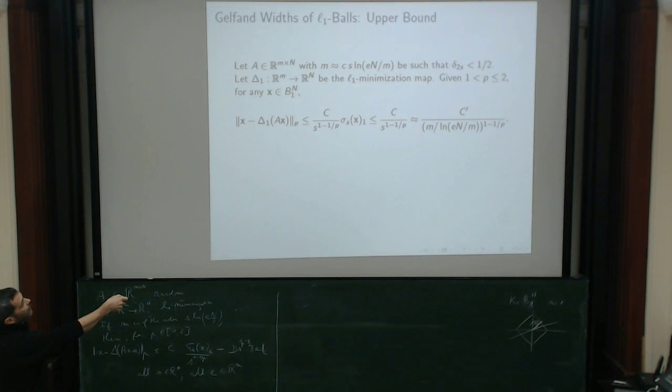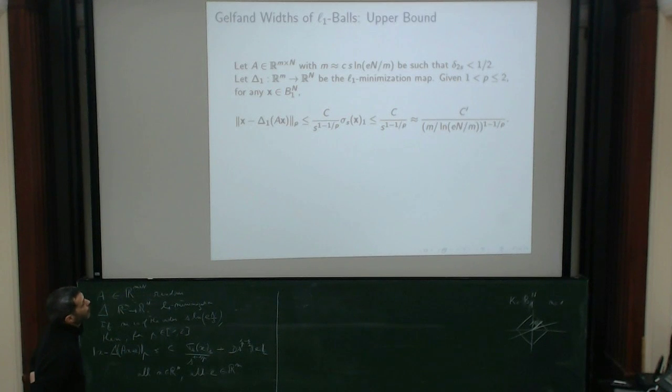So this distance here is certainly less than the norm of x, because if I approximate with 0, which is S-sparse, this is less than the norm of x, which is less than 1. Okay, so C over S to that power, if you look at what S is, roughly is m over log(en/m) to the power 1 minus 1 over p.